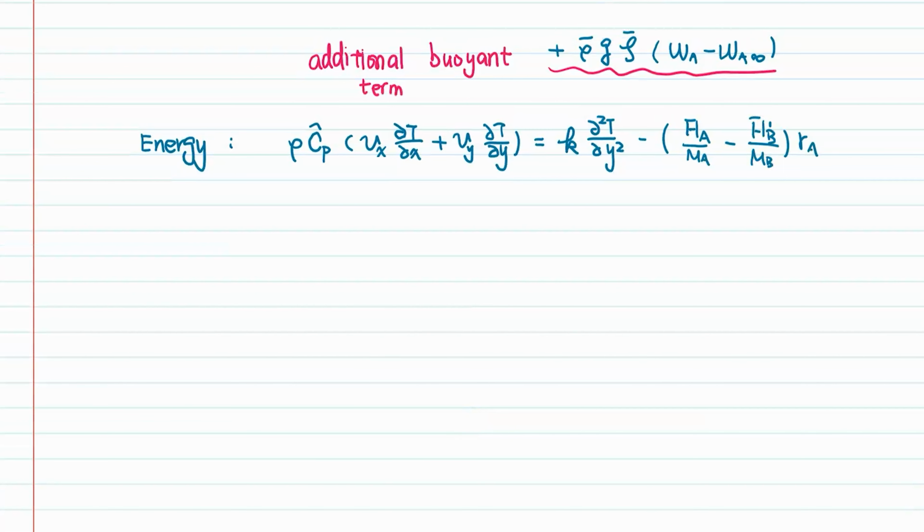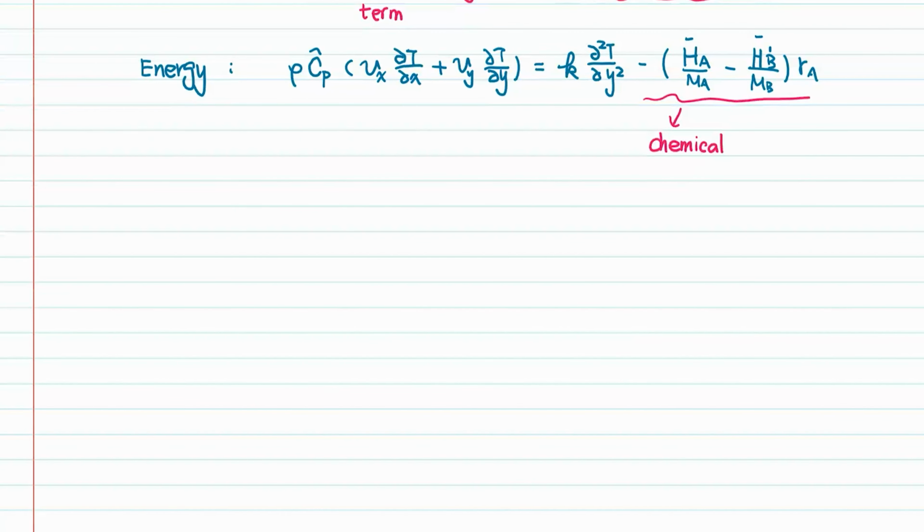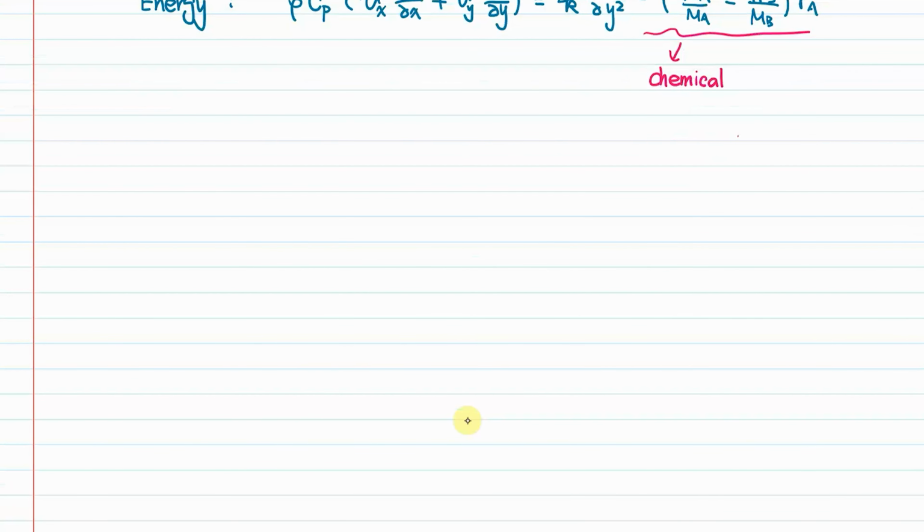So you can see here, maybe we just write this clearer, not to confuse. So it's basically H bar. So H stands for the formation enthalpy. Okay, so basically we have a chemical heat source here.